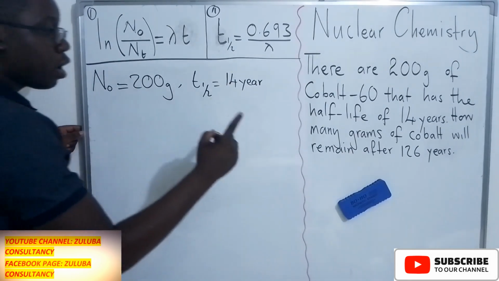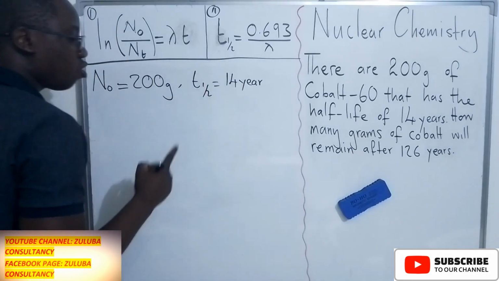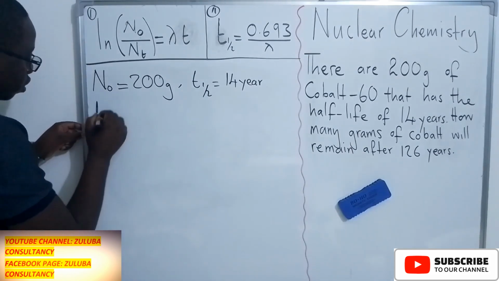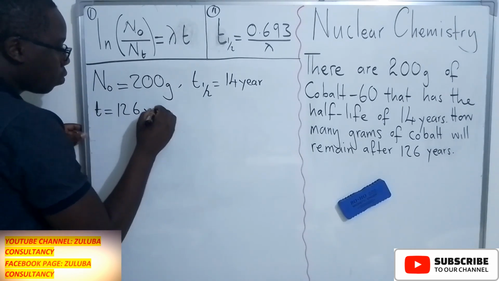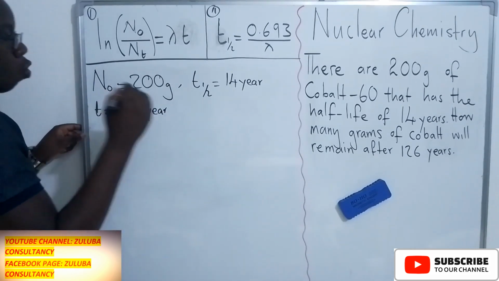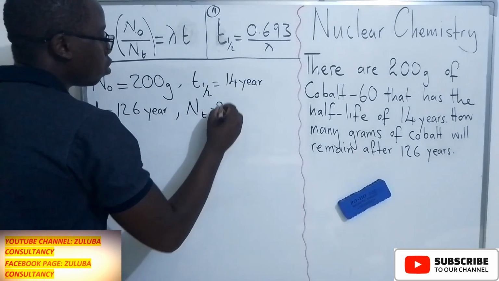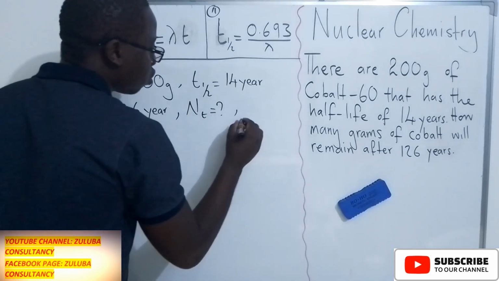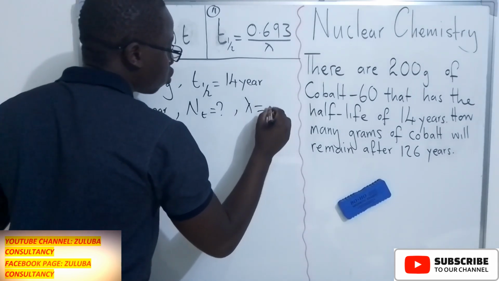Then we can also see the time at which they want us to find the mass, which is 126 years. We don't know the mass, so N_t is not known. Then we also don't know the reaction rate constant.